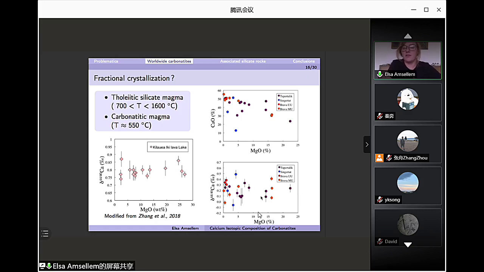So it would imply that for these same complexes, because they come from the same mantle source, if they evolve during fractional crystallization, they don't see any difference in the calcium isotopic composition relative to MgO, to magnesium content, which would imply that fractional crystallization does not induce calcium isotopic fractionation.